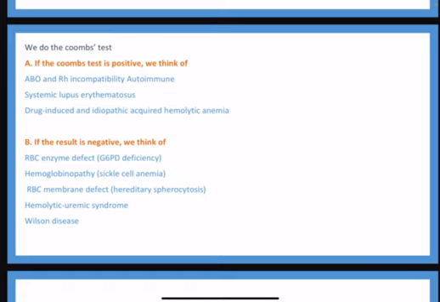Systemic lupus erythematosus, with production of autoantibodies, or sometimes it's drug induced. Okay. If it's negative, so it's not immune mediated, most likely this is enzyme related, like G6PD deficiency for example, or abnormal RBC shape, hemoglobinopathy, spherocytosis and so on.